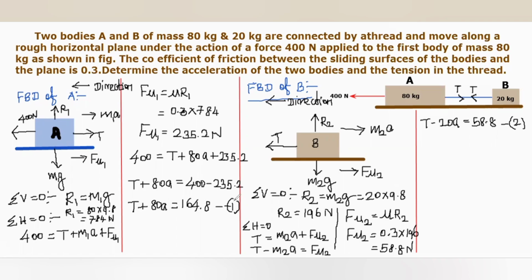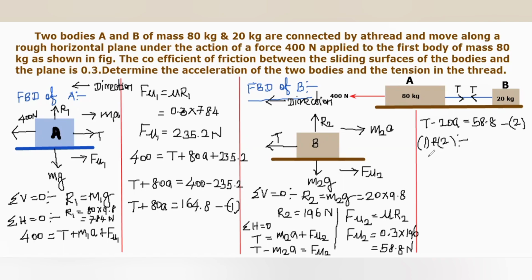Okay, so we have two equations with the two unknowns, tension and acceleration. Now by solving these two equations, 1 and 2, we will get the value of the two unknowns, tension and acceleration, which is the final requirement of this numerical.